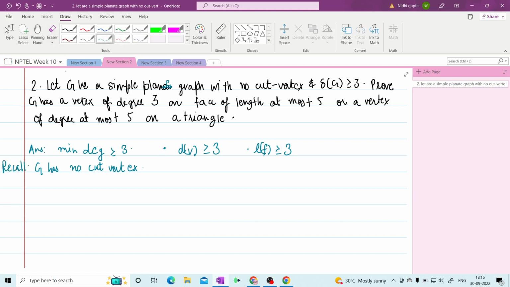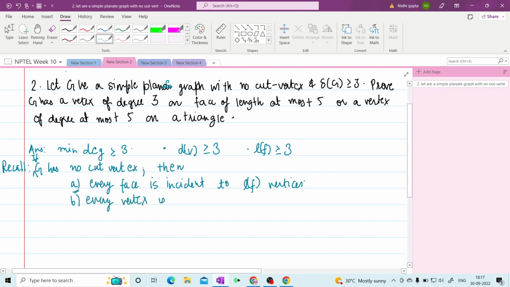Recall that if G has no cut vertex, then we have 2 facts. First, A, every face is incident to length-of-face number of vertices, and B, every vertex is incident to degree-of-v faces. So we have this result if G has no cut vertex.